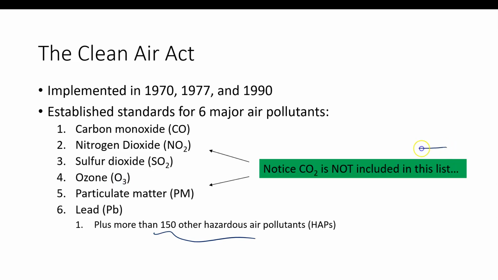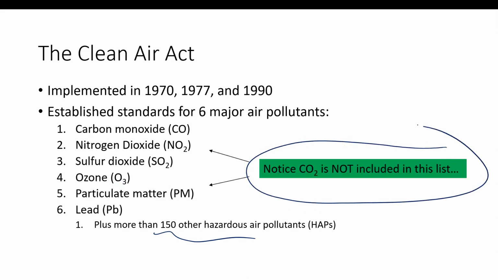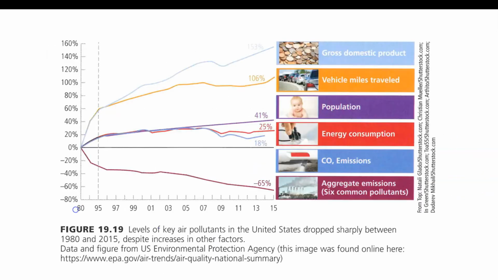But it is worth pointing out that carbon dioxide, one of the major gases that we've talked about in this class, is not presently included as one of the air pollutants controlled under the Clean Air Act. All right. Now, Clean Air Act, it has been highly effective.